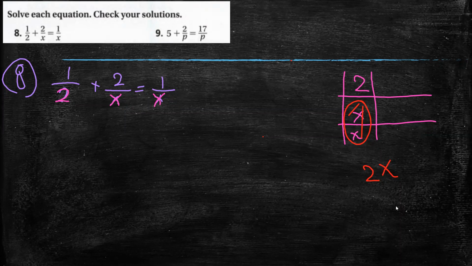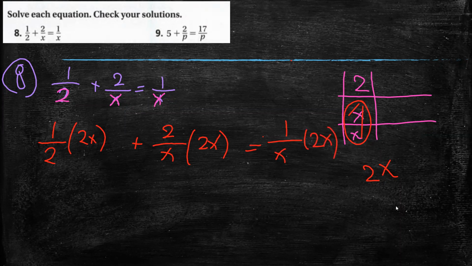So 1/2 you multiply with 2x, 2/x you multiply with 2x, and 1/x you multiply with 2x. Then 2 cancels 2, so we have x. And x cancels x, so we have 4, equals x cancels x, so we have 2. So x plus 4 equals 2.